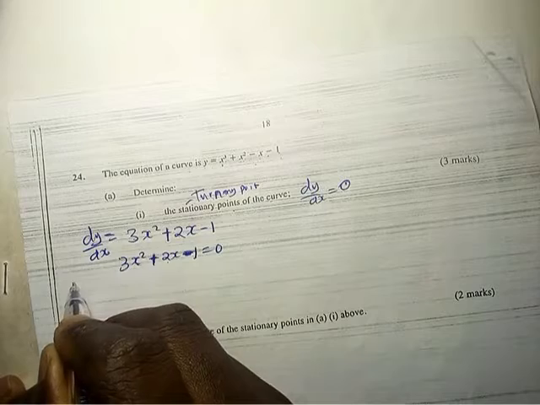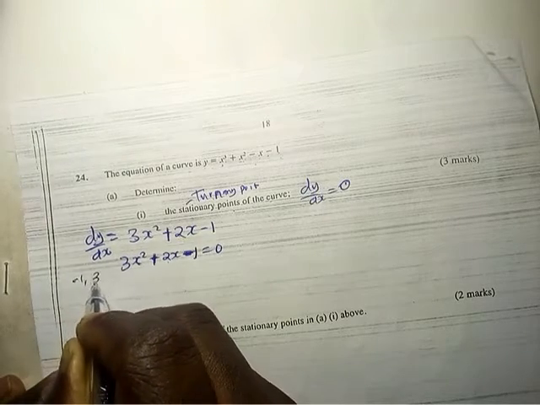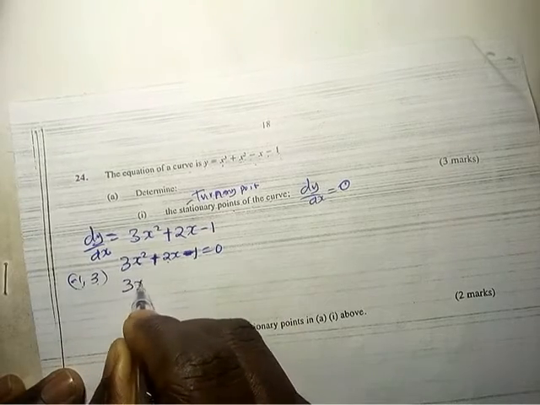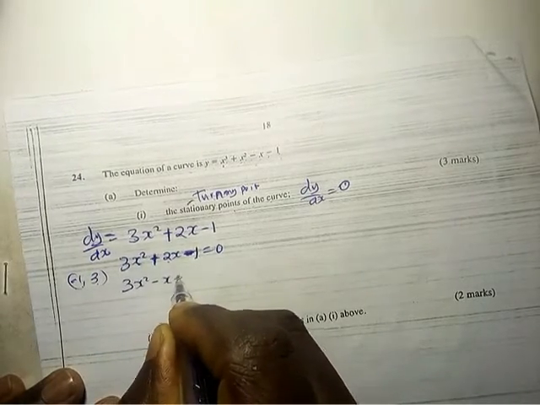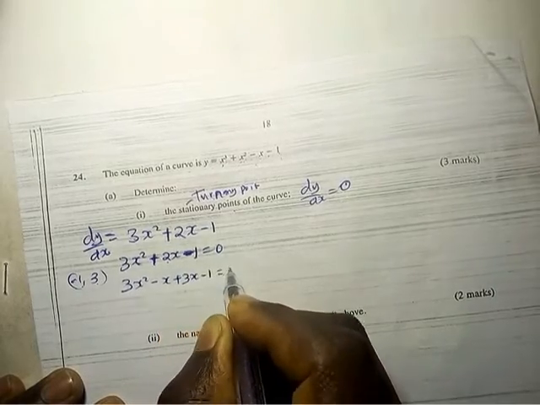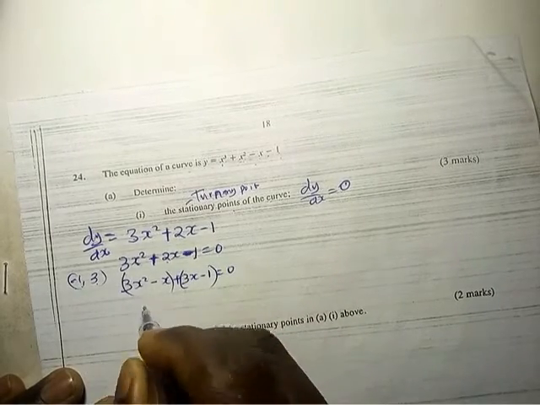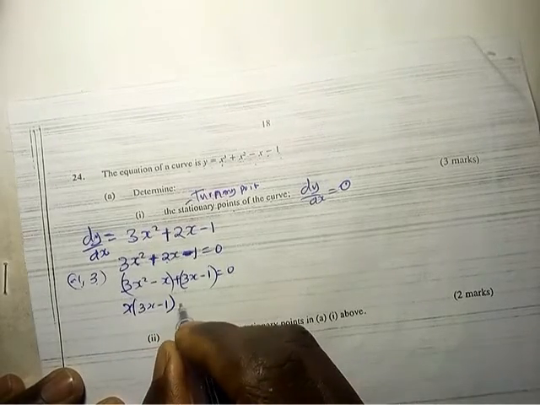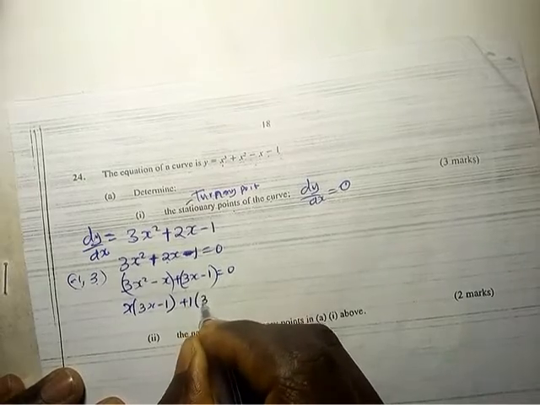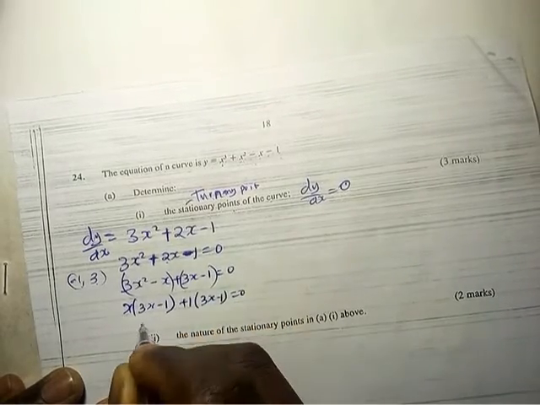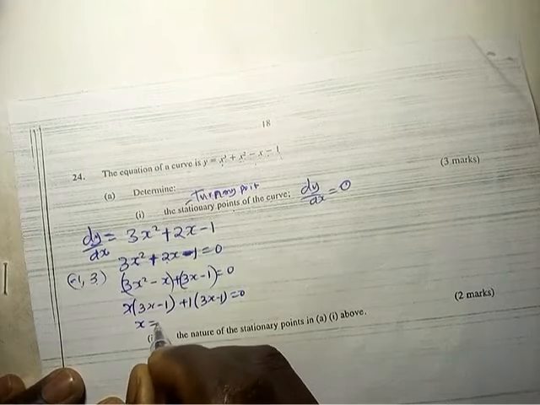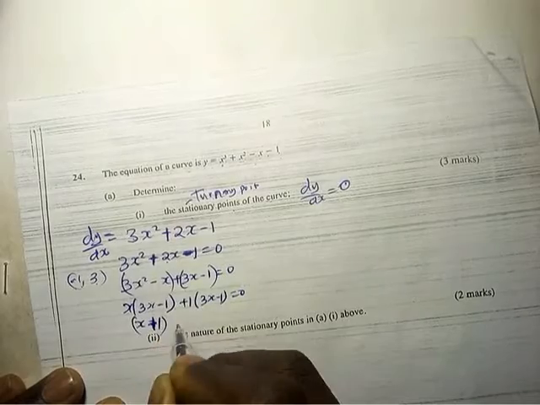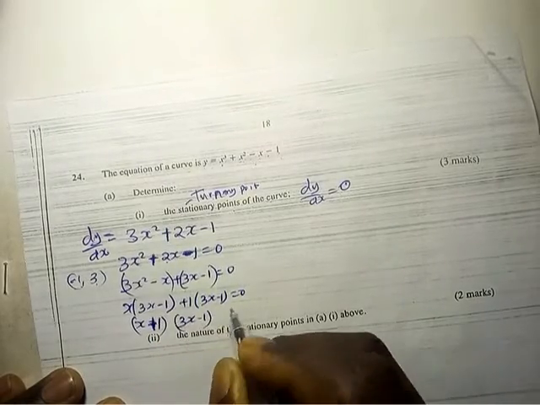So our numbers are going to be negative 1, 3. So that negative 1 plus 3 is 2. Now 3x squared minus x plus 3x minus 1, the answer is 0. Let us group them. So x into 3x minus 1 plus 1 into 3x minus 1, the answer is 0. So x plus 1, 3x minus 1 equals 0.